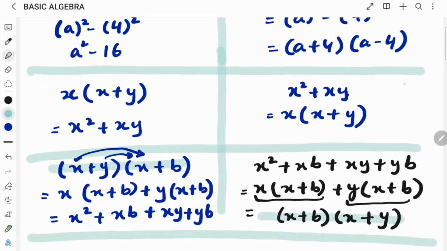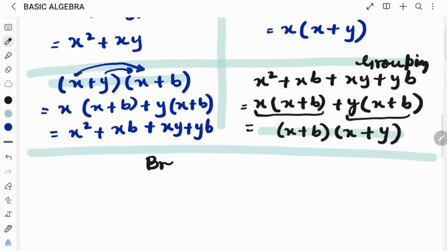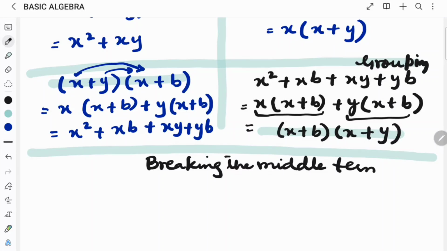X square plus xy only goes with the common, and then we did the grouping here. Now we are coming to breaking middle term. Children, you need to understand, few examples I'll do here.